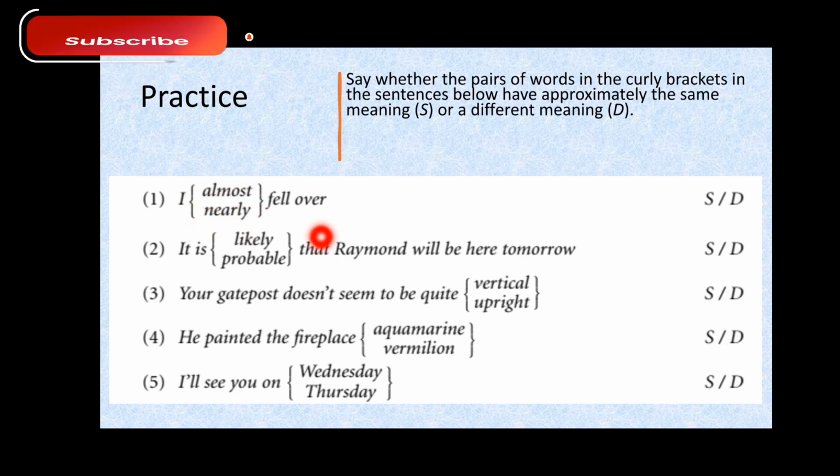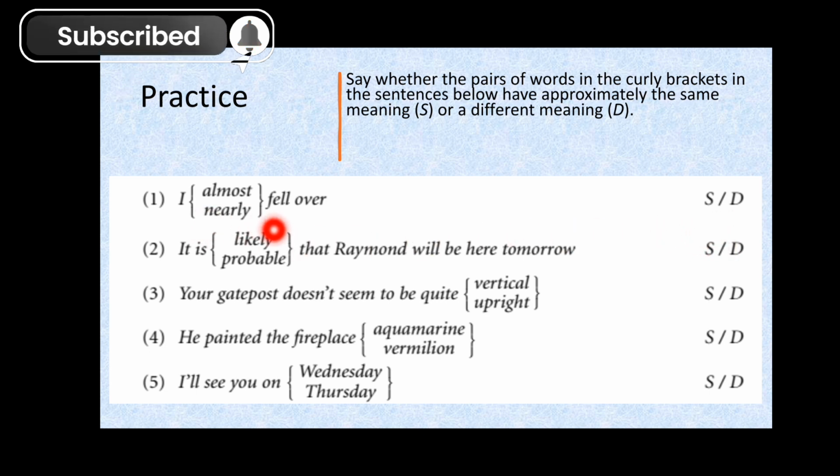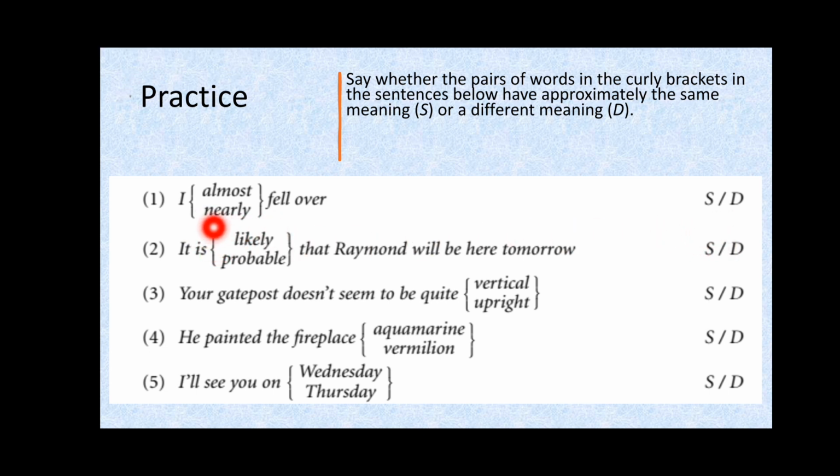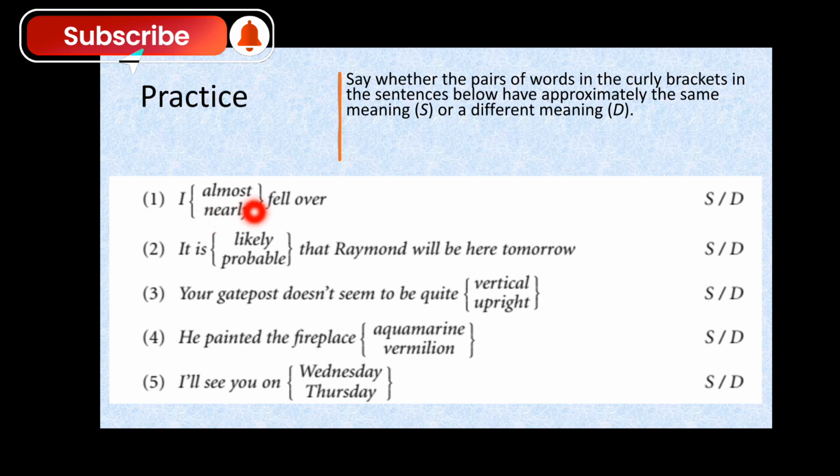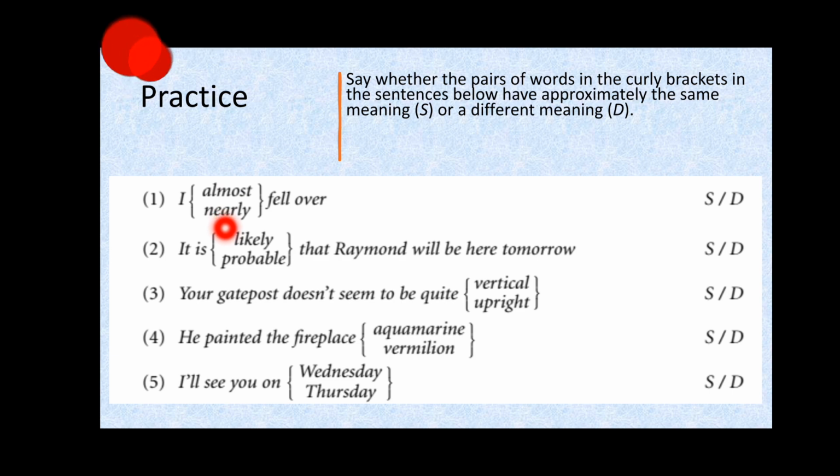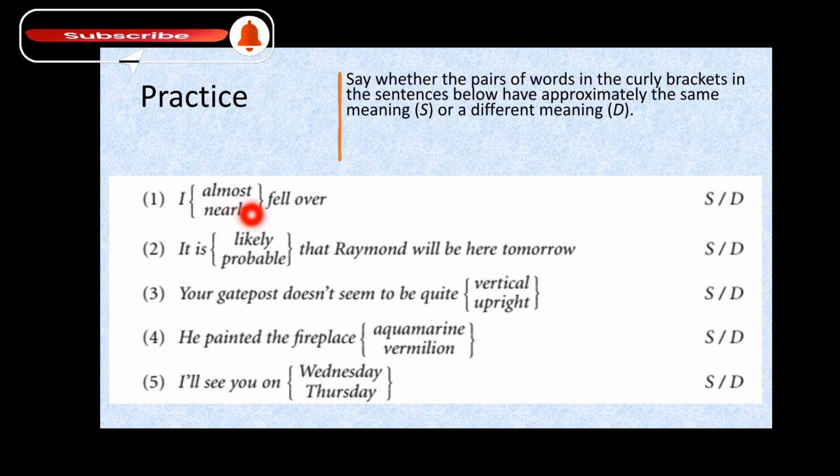I guess you will say same meaning, because almost and nearly have got the same meaning. So we know the meaning of the word almost with another expression in the language, that is nearly. If somebody asks you what is meant by almost, you can tell them that it means nearly.